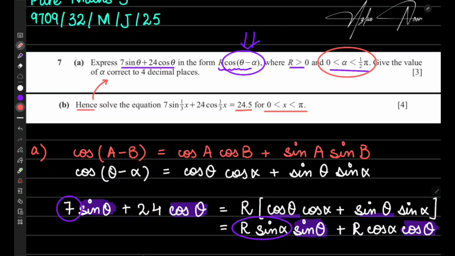This is the same format, but theta here is equal to 1 over 3 x. Now we already proved that this thing is equal to r cos(theta minus alpha), where we found the r and alpha values. So let's use that first.